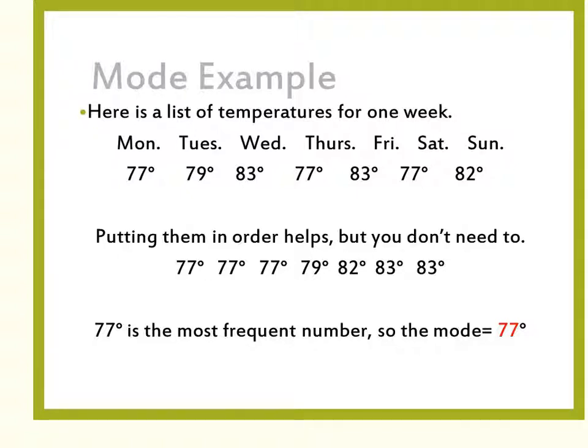However, in this case, it is easy to see that we have 3 temperatures that were 77 degrees. So 77 is the most frequent number, the number that occurs more often than any other. So our mode is 77 degrees.